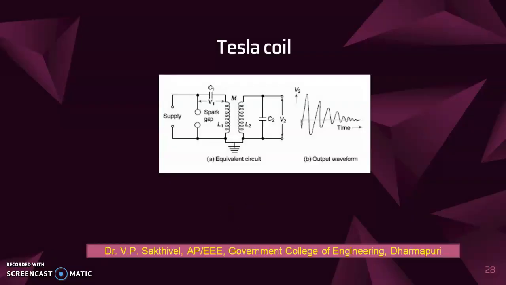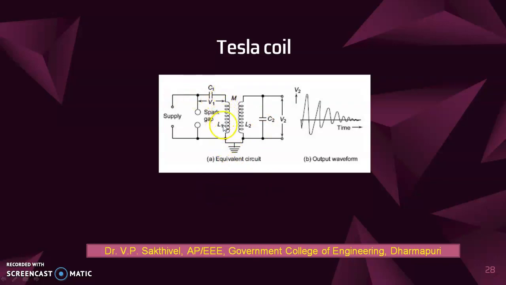This is the arrangement of the Tesla coil. Here you see the primary winding and the secondary winding. In the primary winding we have a spark gap with capacitors, and on the secondary side we have capacitance C2. The primary voltage rating is 10 kV.